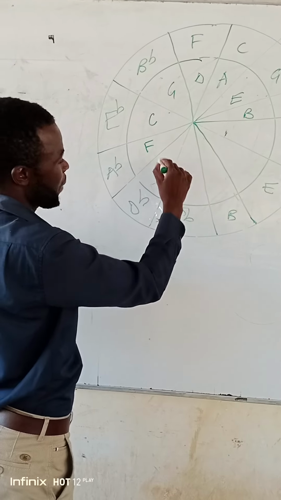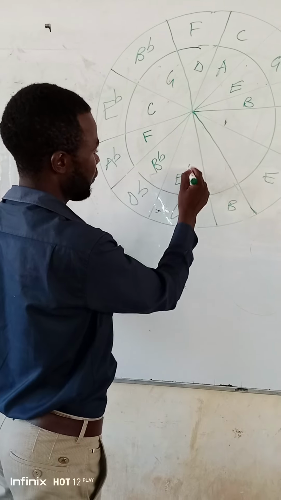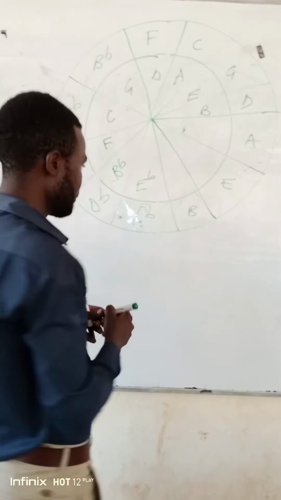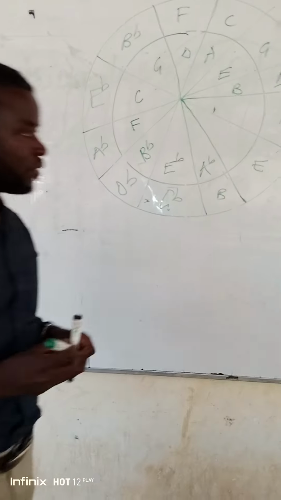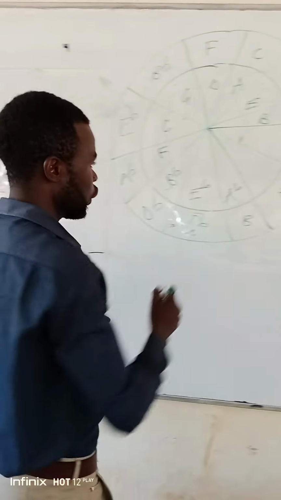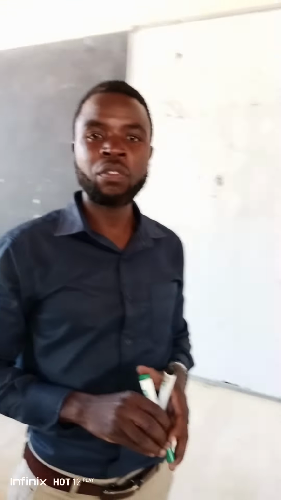The relative minor of G flat is E flat. The relative minor of B is F flat. The relative minor of E is D flat. And the relative minor of A is G flat.